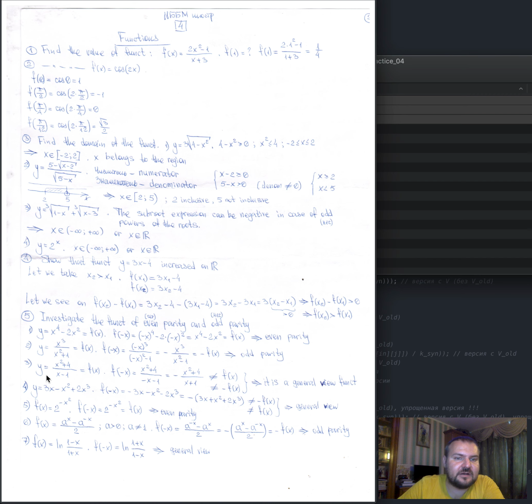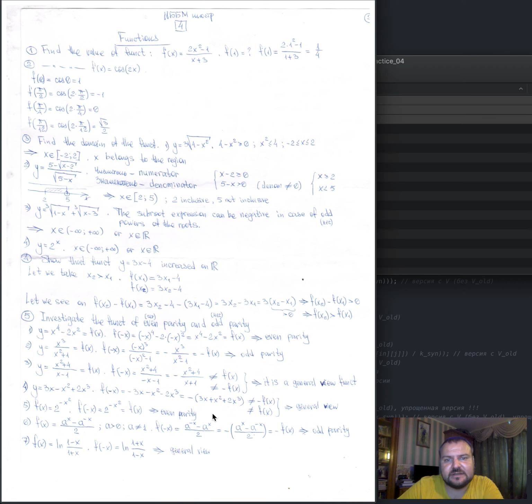For the type y equals 3x minus x squared plus 2x cubed. Again, in that case, we can check even type and odd type of the function. Of course, this is a general type of function. f of x equals 2 to the power of minus x squared.